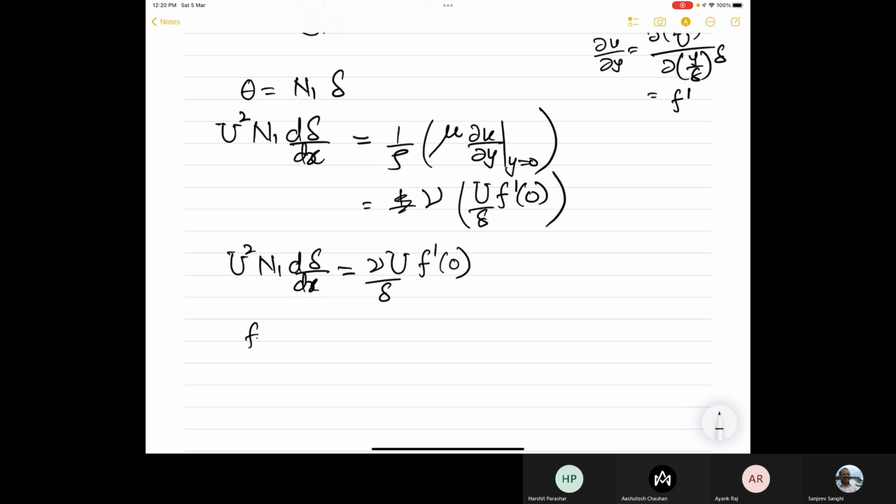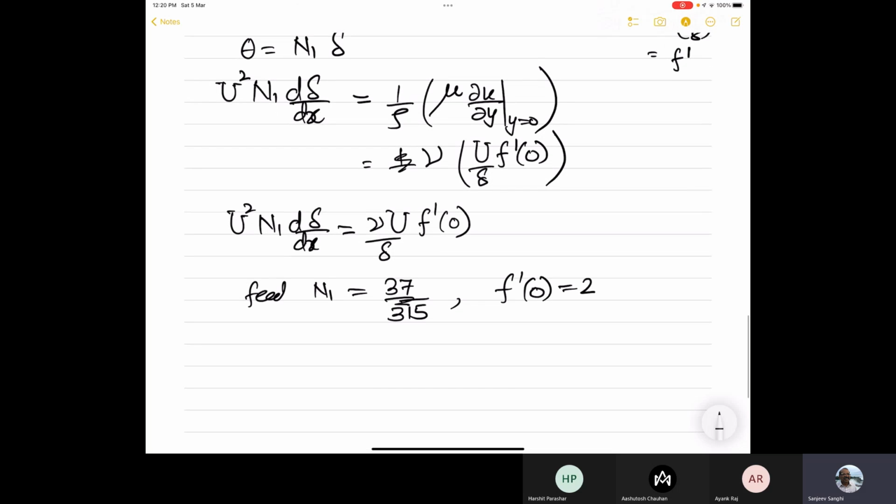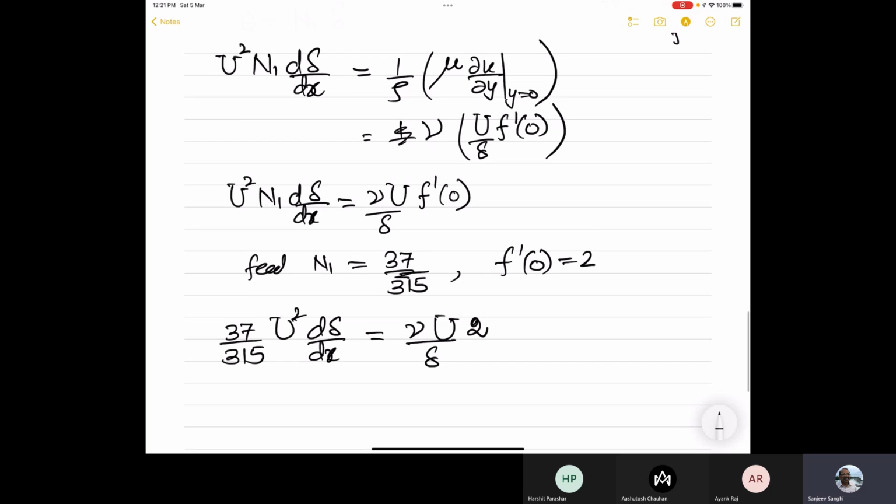Now we feed in n1 equal to 37 upon 315, and f prime 0 equal to 2. So we get 37 upon 315 U square d delta by dx is equal to nu U upon delta times 2.